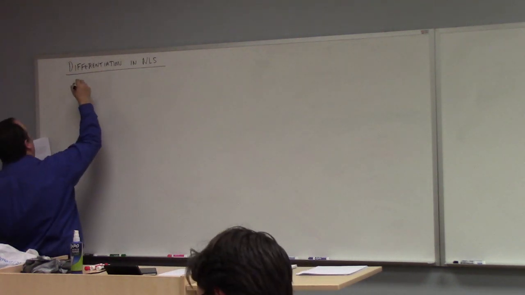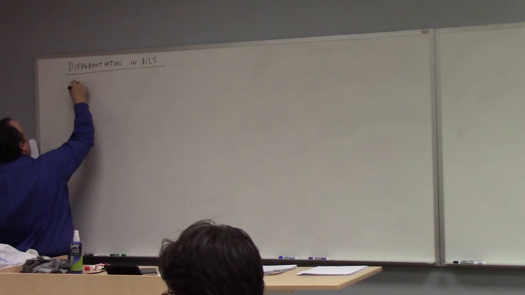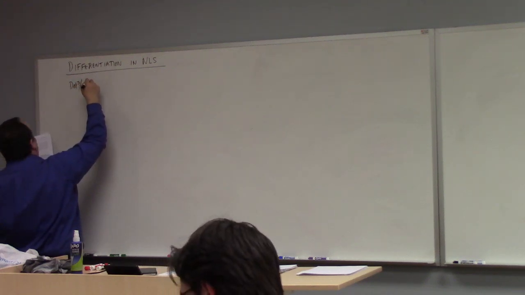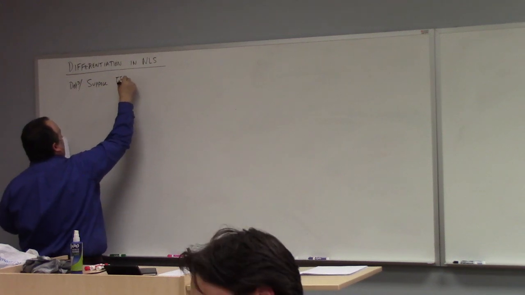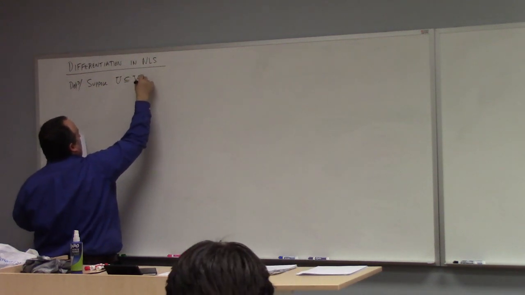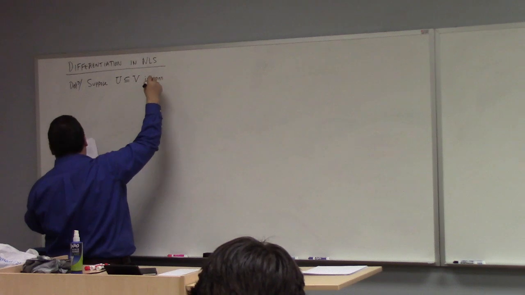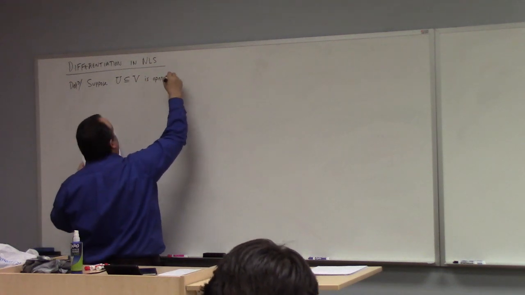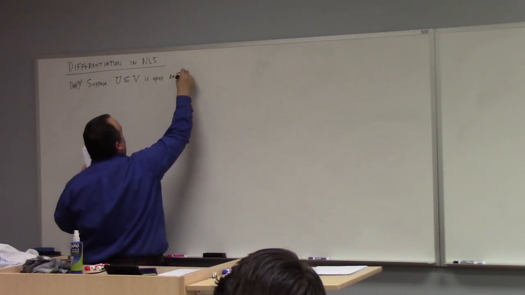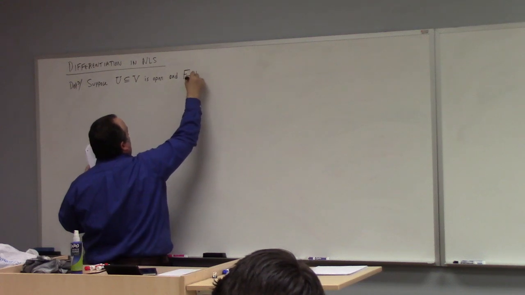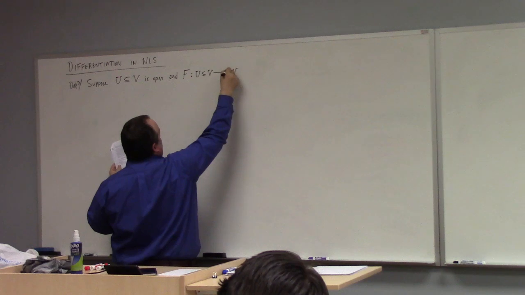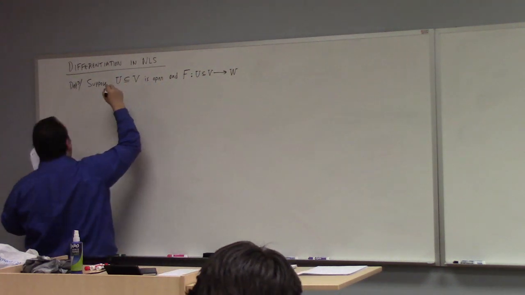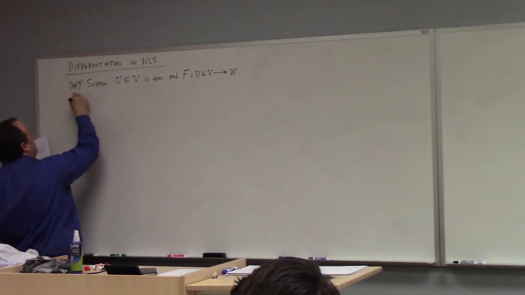Okay, so definition. Suppose U, a subset of V, is open, and F is a mapping from U, which is a subset of V, to W. Here, V and W are normed linear spaces.